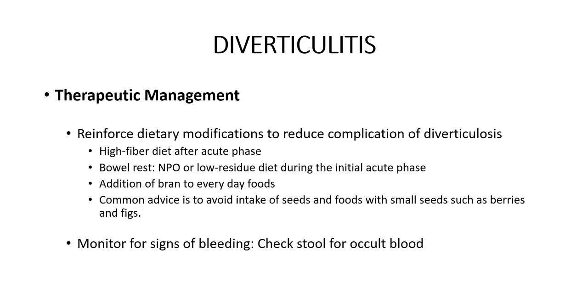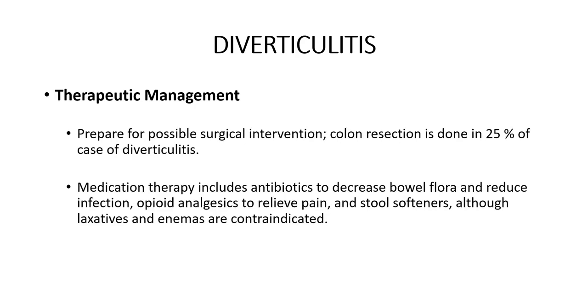Another thing is that you're also going to monitor the signs of bleeding and check for clots. Prepare for possible surgical intervention. A resection is done in 25% of the cases, so it's not that many. Because usually with a ruptured diverticulum, you have to go to surgery for that.